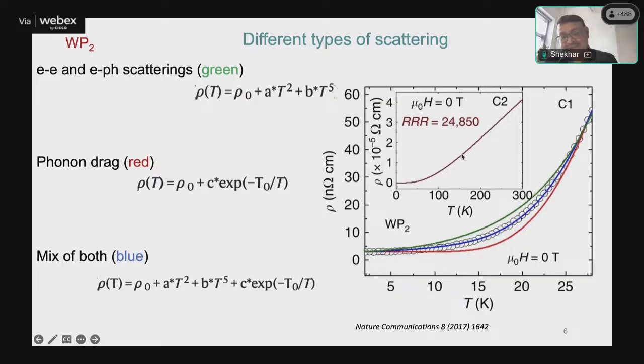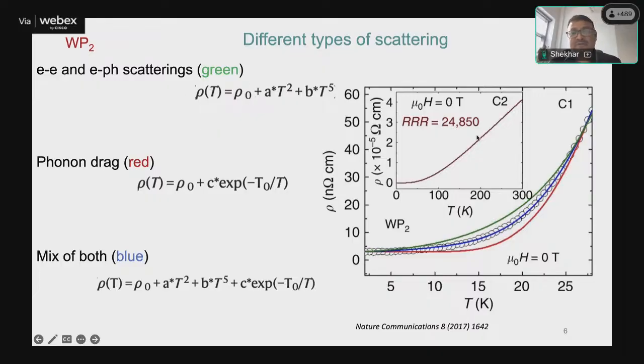That linear part is called the interaction between electron and phonon. But when we go to low temperature, it starts to saturate. That behavior is fully explained by the Bloch-Grüneisen formula. We can see it in this term.